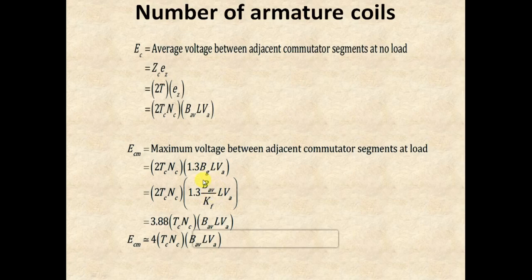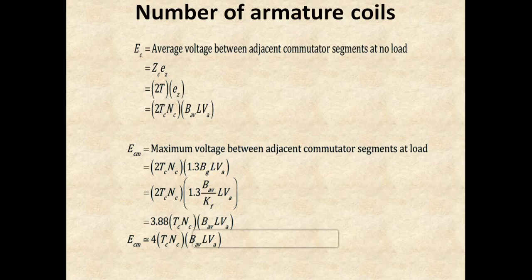If we know the values of B average and KF, KF is the field form factor. It is the ratio of B average to BG. So if we know the values of B average and KF, then by dividing B average with KF we will be able to get the value of BG.